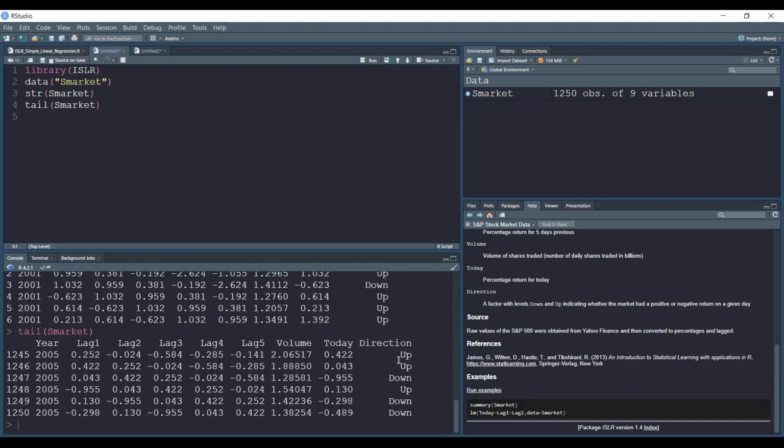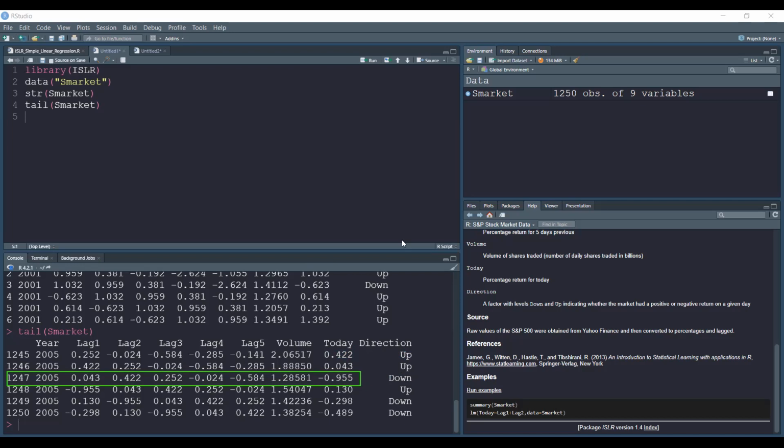You can kind of see, okay, so up if today is positive, down if today is negative, and you start getting an idea. Otherwise, maybe I speak for myself, but I can really easily get lost in the data, and I don't really know what I'm looking at. So yeah, you had quite a wild movement over here.